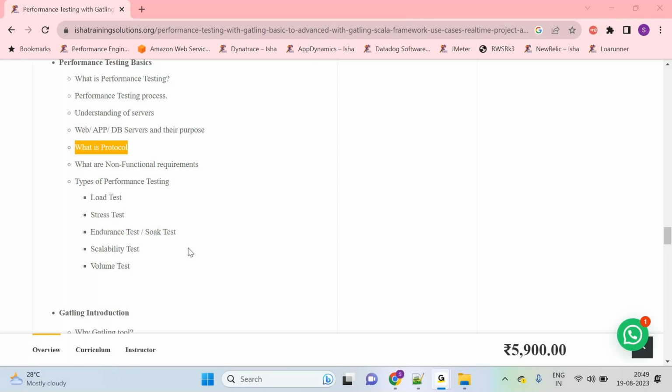Even the tool that we are going to learn is the Gatling tool, right? Gatling supports HTTP, HTTPS, FTP, TCP, JDBC, JMS, and WebSocket. All those things are supported in Gatling.